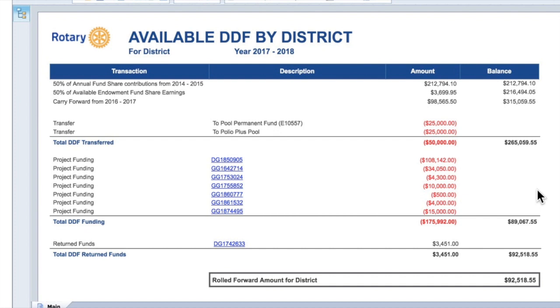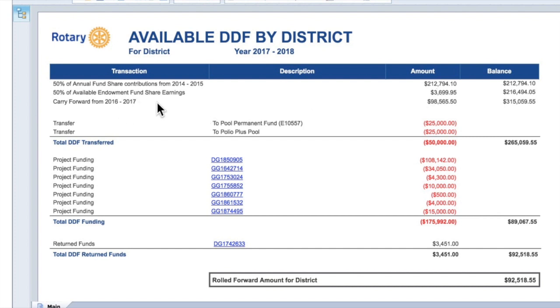So let's take a look at the real estate here on this particular report beginning in the upper left-hand corner. I pulled this for the 17-18 Rotary year, and you notice here that 3 years prior, this is where after the investment cycle, 50% of the donations from your Rotarians will come back to your district as district designated funds, or this 212,794.